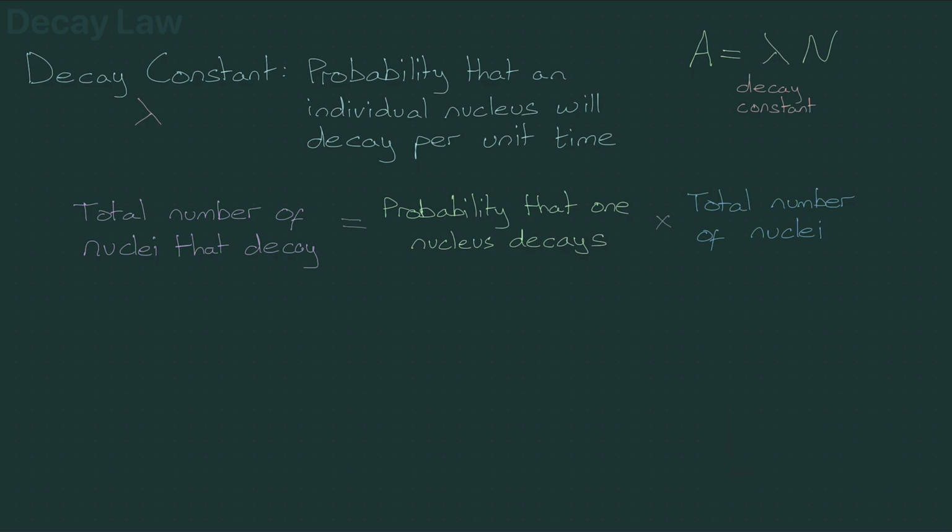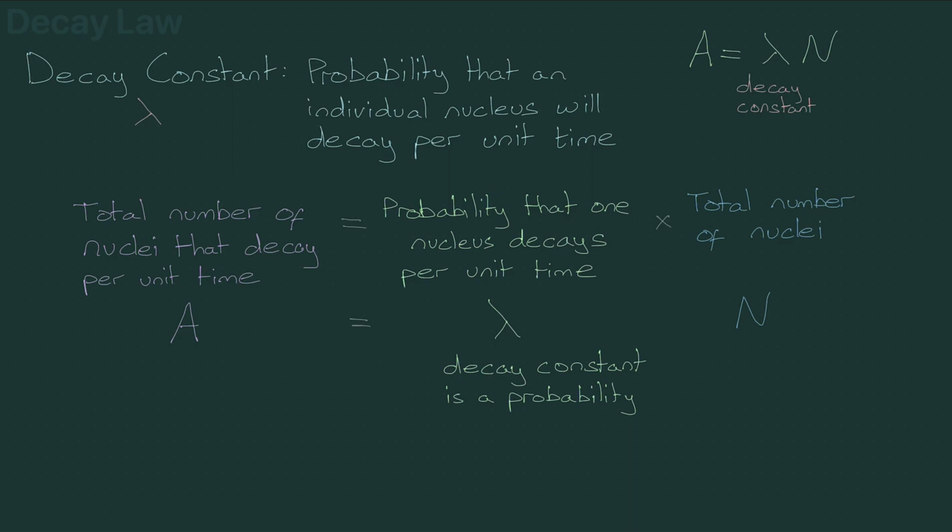So let's change it to saying that the total number of nuclei that decay per unit time must be equal to the probability of one decaying per unit time multiplied by the total number of nuclei. In other words, or letters, A equals lambda N. The name decay constant and the fact that it is a probability causes some confusion, but the maths is there.